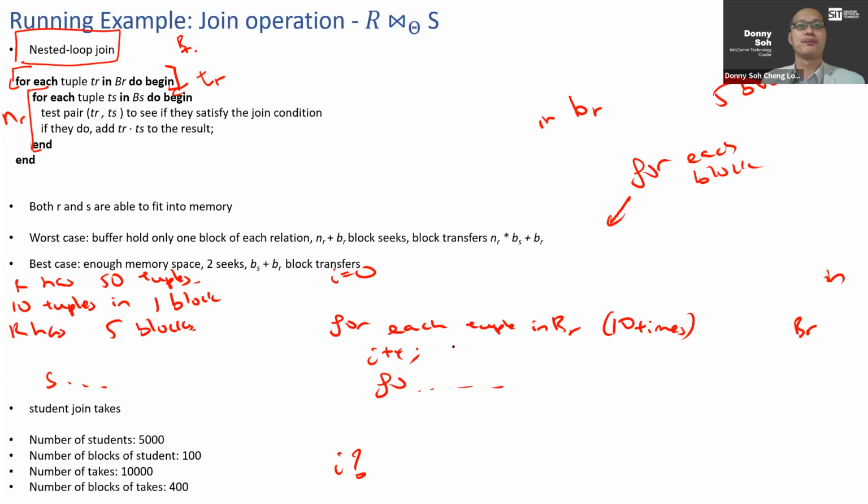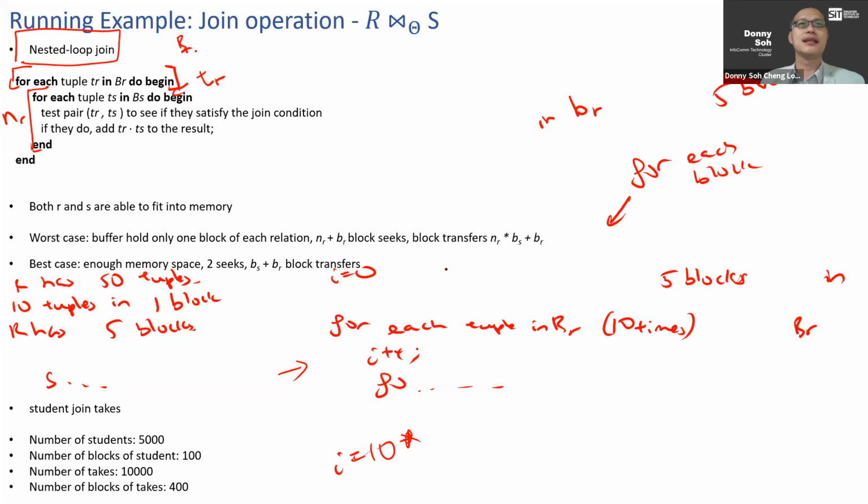But we also have to remember that this will run for the number of blocks as well, because we need to iterate through all the blocks, which is 5 blocks. For each block, the number of disk accesses here is equal to 10.